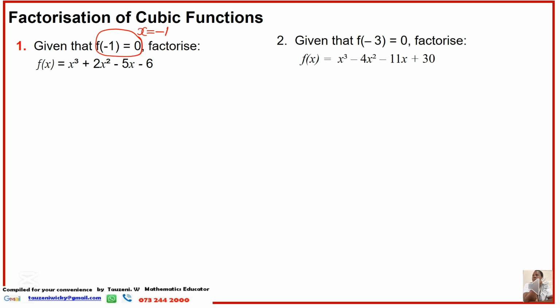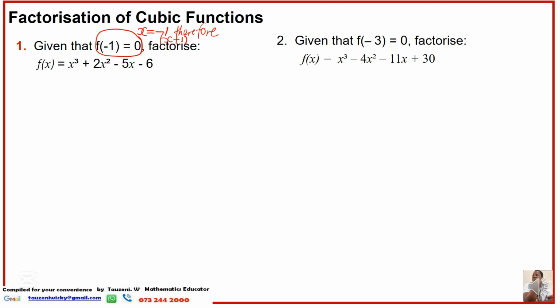And if the value of x is equal to negative 1, then one of the factors of your expression is going to be x plus 1 in brackets. So after factorizing this expression, one factor that we must have is x plus 1.